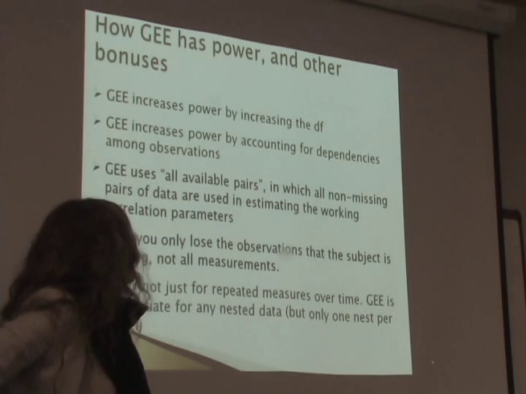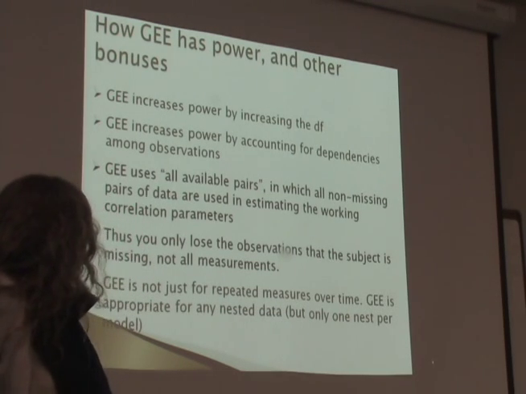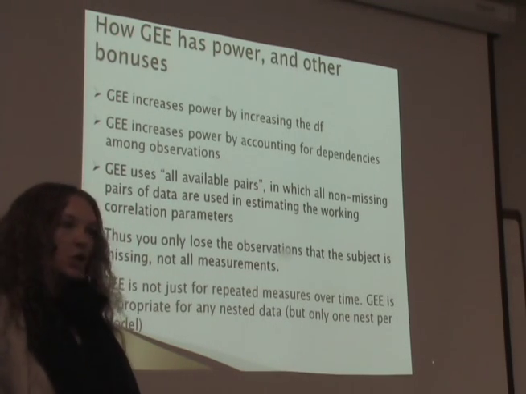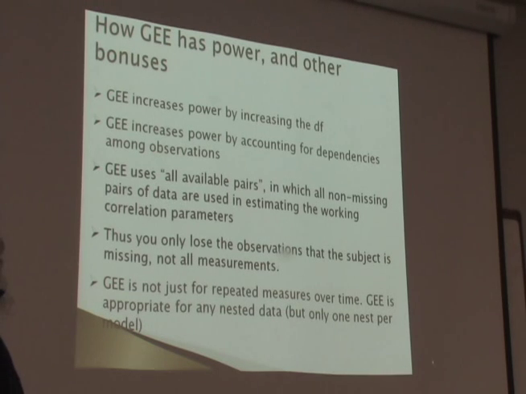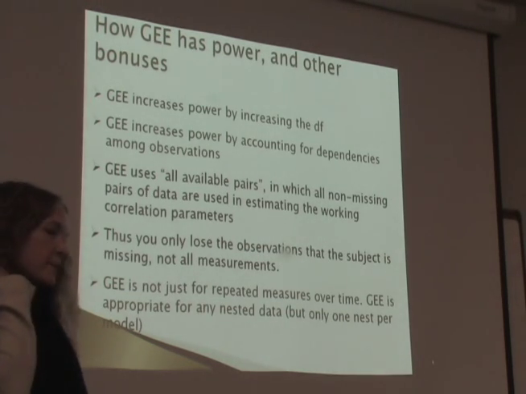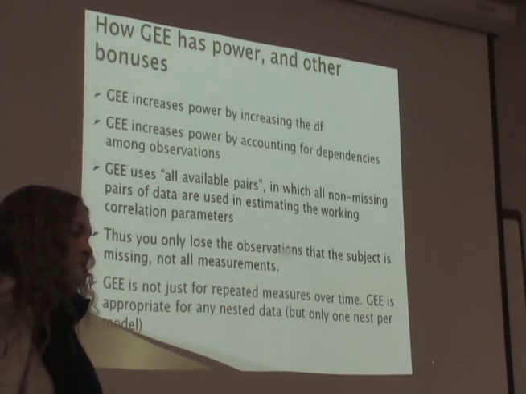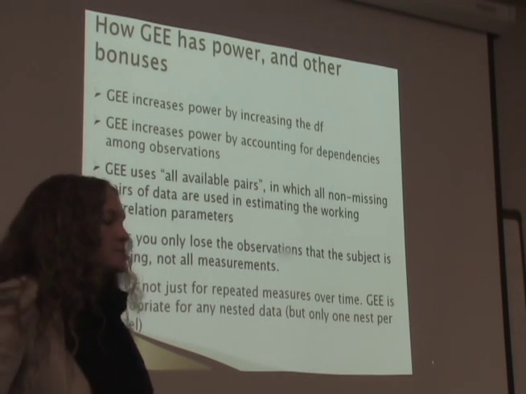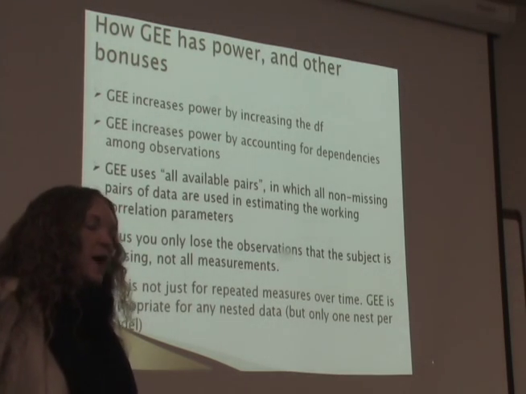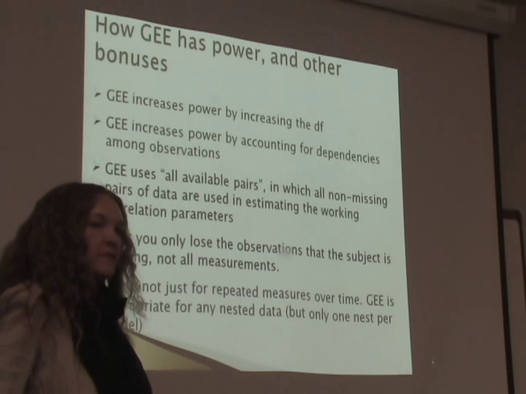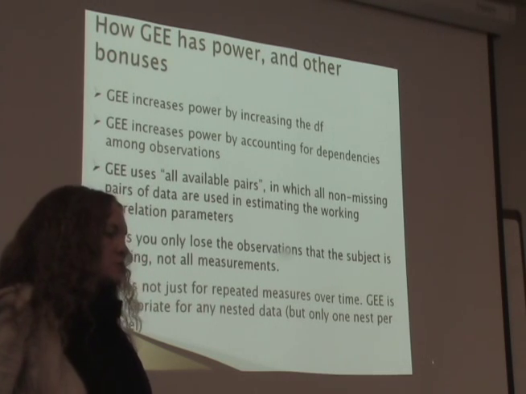So this is just a little bit of why GEE is good. It increases power by increasing the degrees of freedom, allowing for the multiple observations. It also increases power by accounting for the dependencies among the observations, so having a better fit of the correlation structure.